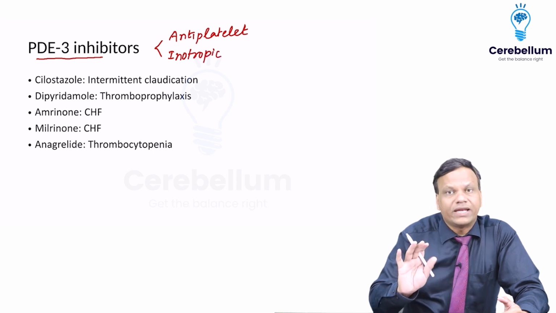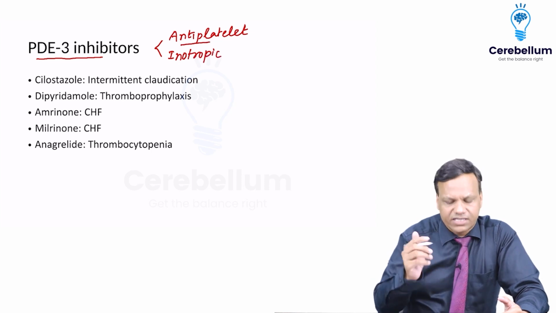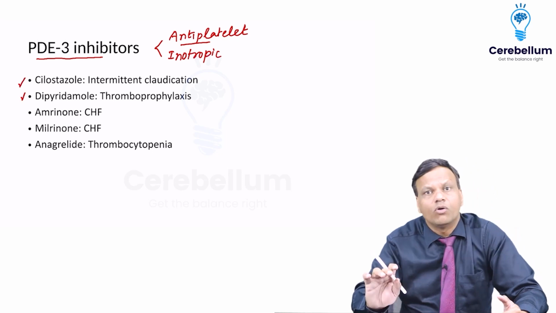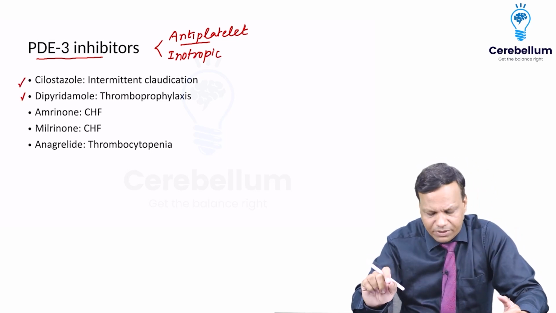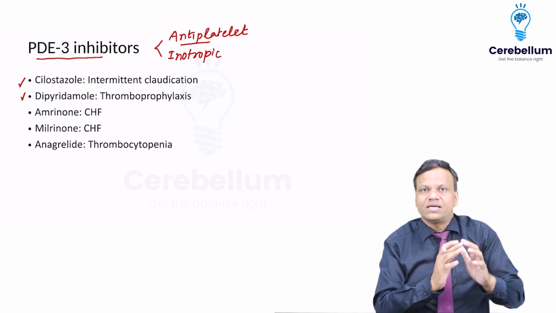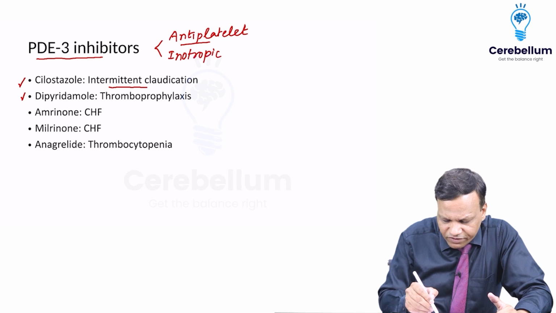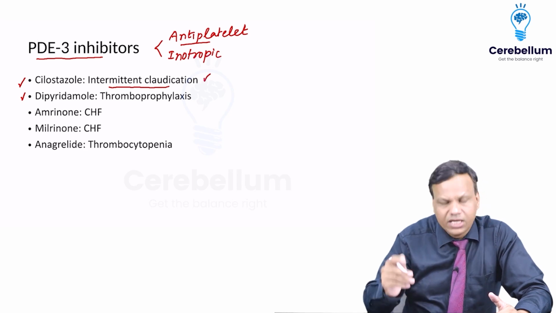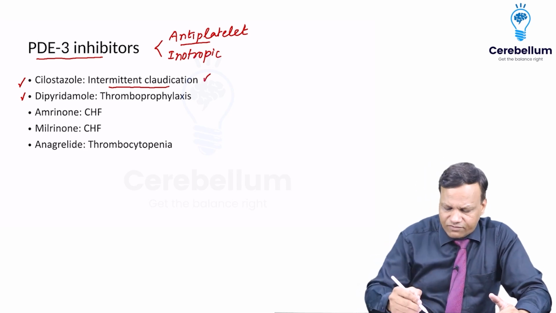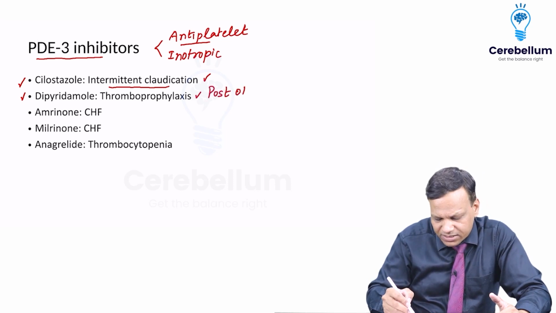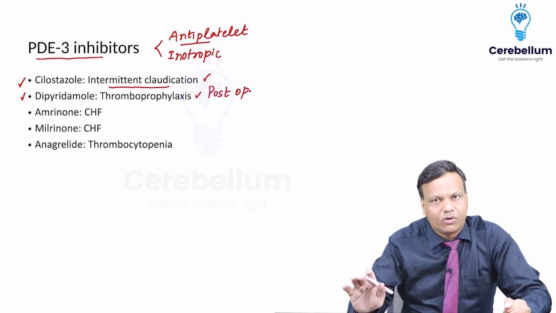For antiplatelet action, the phosphodiesterase 3 inhibitors we have are cilostazol and dipyridamole. They inhibit platelet aggregation, and this is utilized for treatment of intermittent claudication in case of cilostazol, and for thromboprophylaxis, particularly post-operative thromboprophylaxis, in case of dipyridamole.